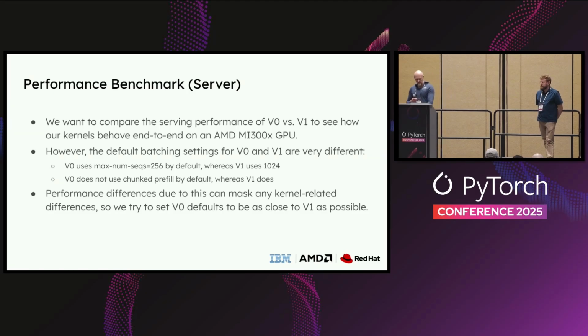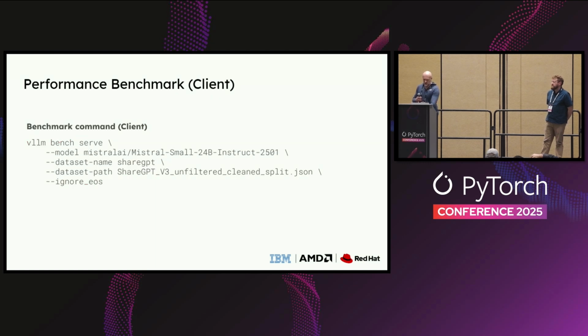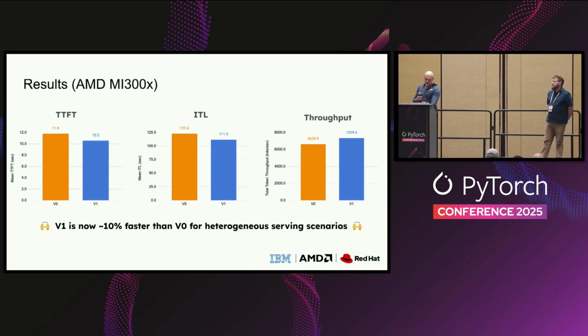And we tried to be as honest as possible, because V0, as Thomas said, had no chunked prefill by default, and the number of sequences in the batch was also different and whatnot. We took Mistral 24 billion, and provided the commands here if you want to reproduce it. In the end, we see around 10% better time to first token, inter-token latency, and throughput in general if you compare V1 with V0.